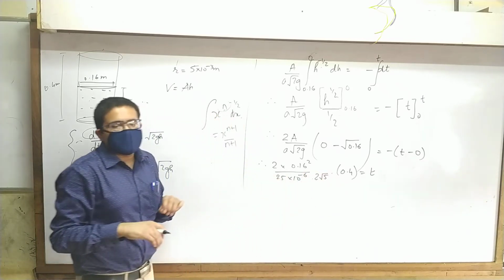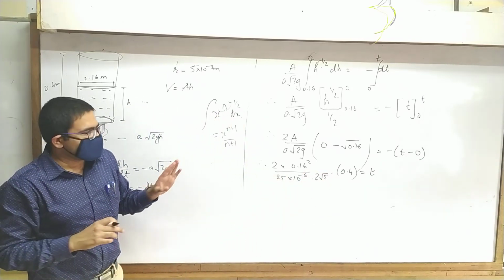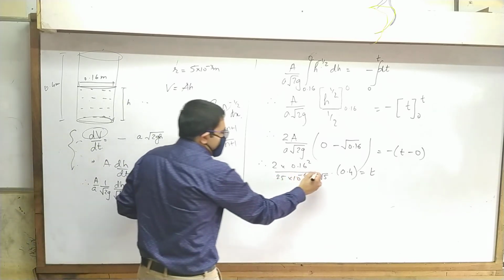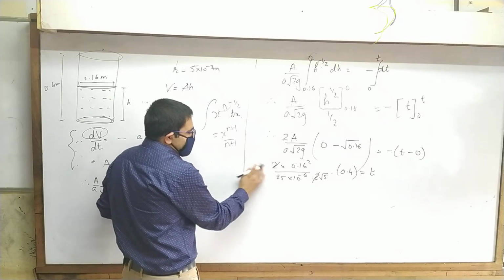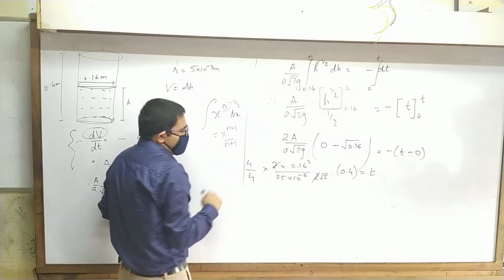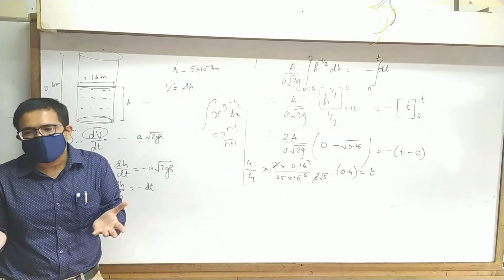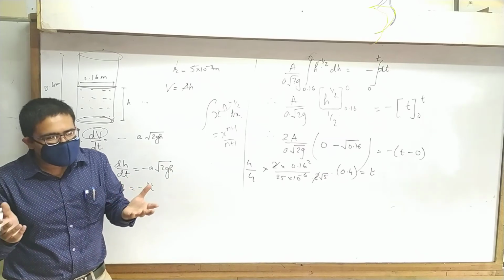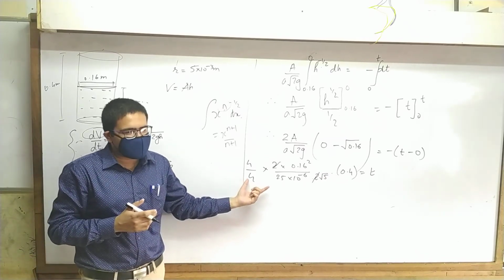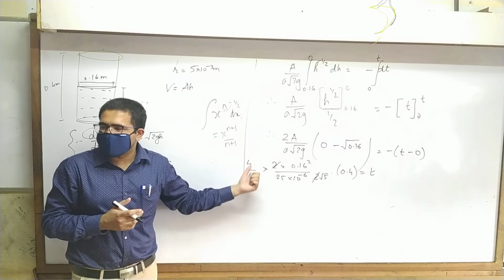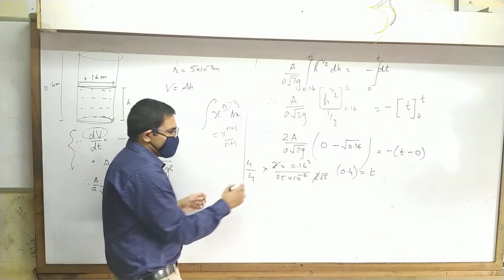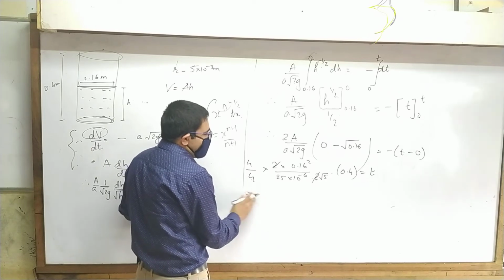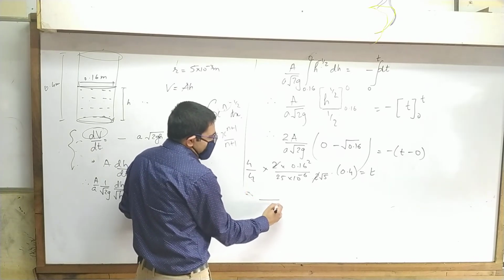So this 2 is cancelled. Why am I saying don't disturb 25? If you multiply and divide by 4, 25 becomes 100. That's good, isn't it? I played a trick, I divided and multiplied by 4 so that I don't have to divide by 25. 25 into 4 becomes 100, that is 10 raised to 2, 10 raised to minus 6.